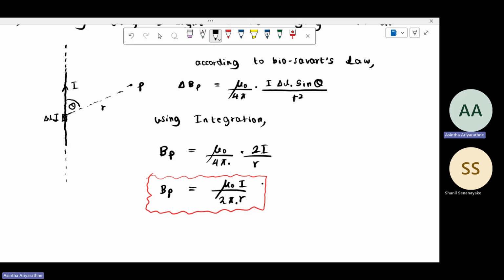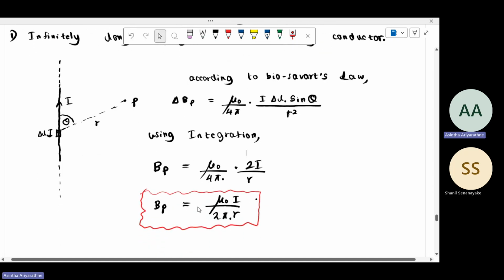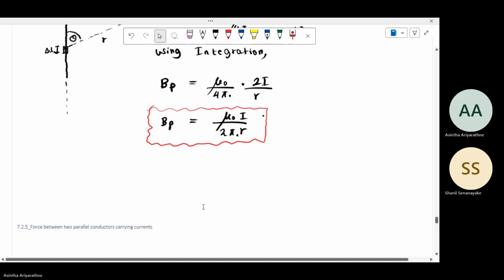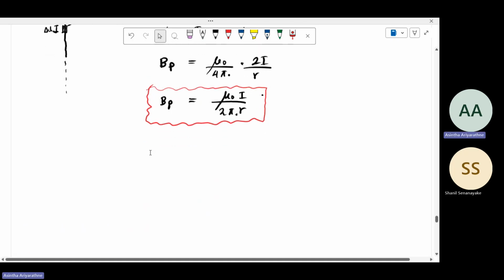Otherwise, you have to remember this one. This won't be given in the examination. You can integrate and get to this expression, or otherwise remember it.